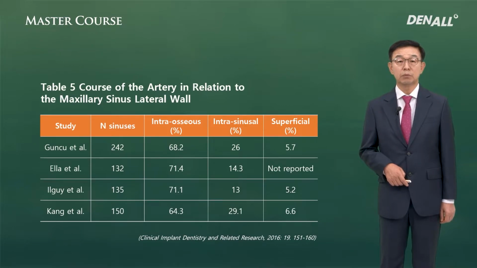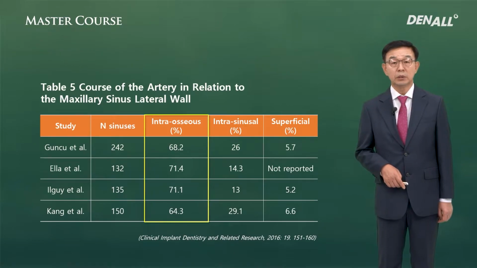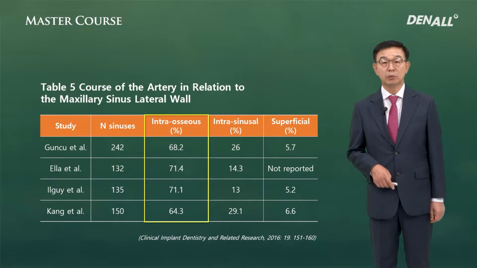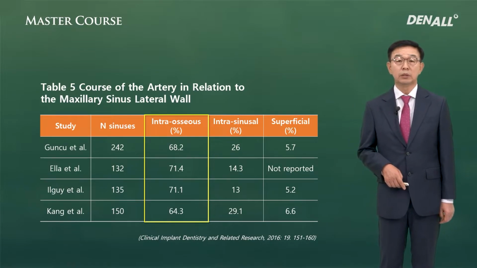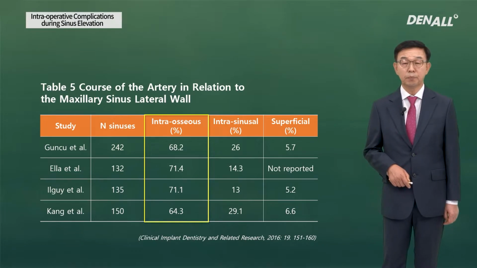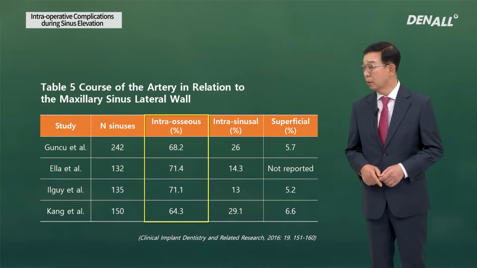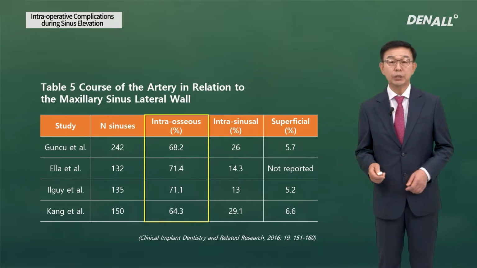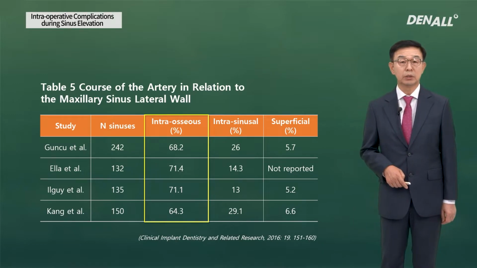In most cases, intraosseous artery exists, followed by intrasinusal artery, which is quite rare. And very rarely there exists superficial artery exterior to the bone.